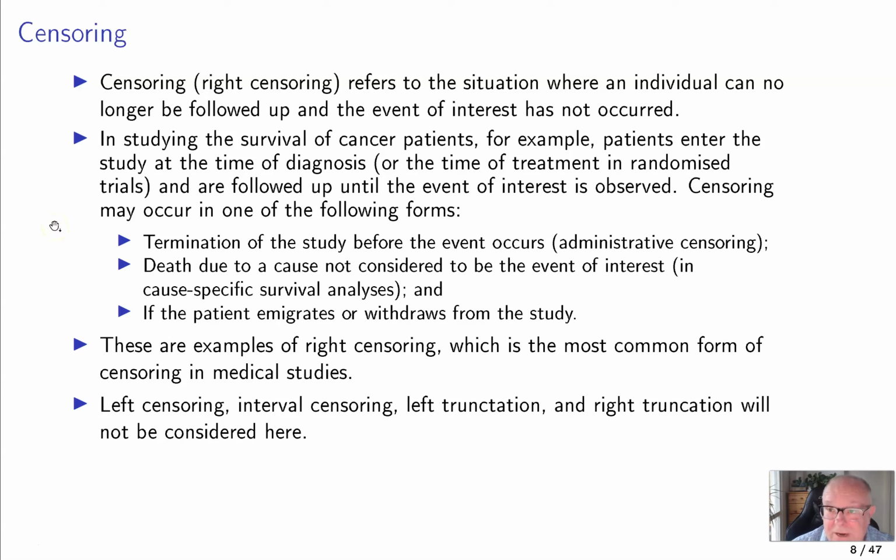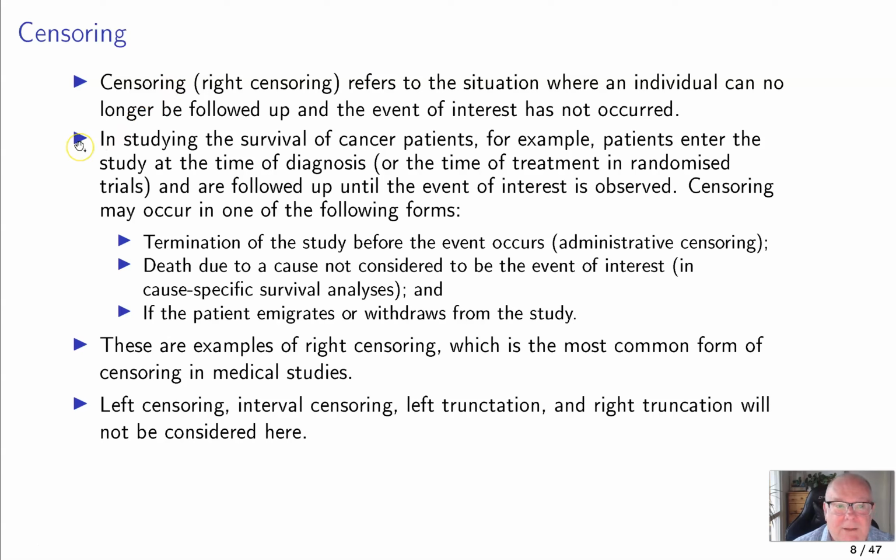Now, censoring, we're going to only cover right censoring, which is the most common form of censoring in medical studies. But this is the situation where an individual can no longer be followed up and the event of interest has not occurred.